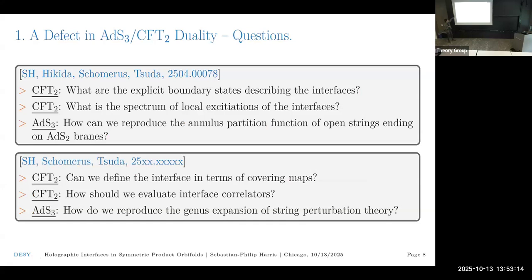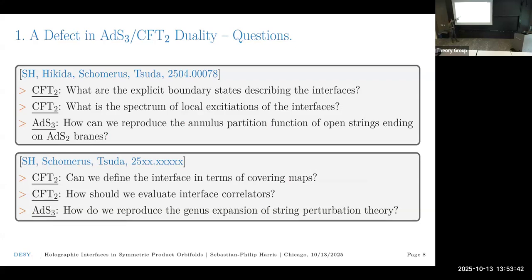So as I said, the goal was to turn this into some quantitative framework, and in particular, the goal in this paper from April was to study the spectrum and to find something that fully reproduces the spectrum that you compute from the explicit boundary states given in the Gaberdiel paper.